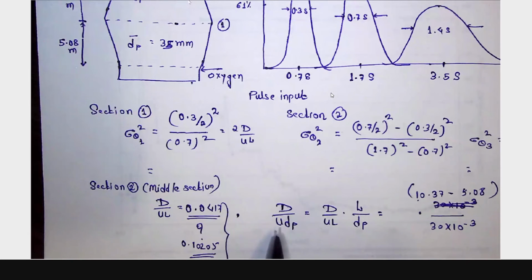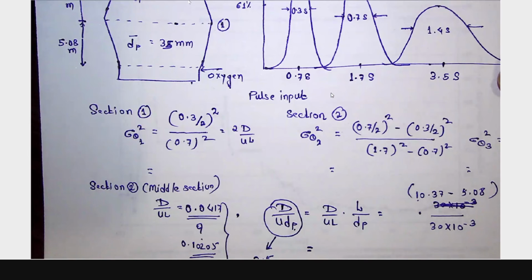So you can find out by substituting this dispersion number here and substituting L and dP, you will get the number for the blast furnace, sorry, for the packed bed. So from the experiment, that is from the figure, this D upon U dP value generally for a blast furnace should be around 0.5.